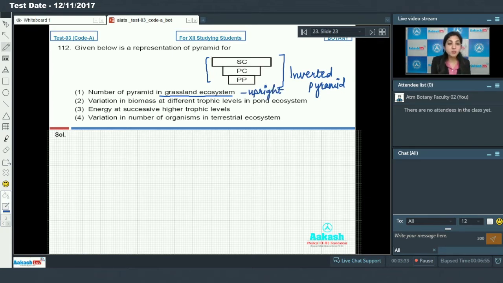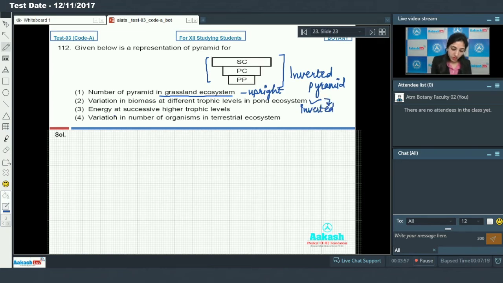Pyramid for variation in biomass at different trophic levels in pond ecosystem. This is true because as we just discussed, zooplanktons have more biomass as compared to those of phytoplanktons. So this is true. Pyramid of biomass in pond ecosystem is inverted.